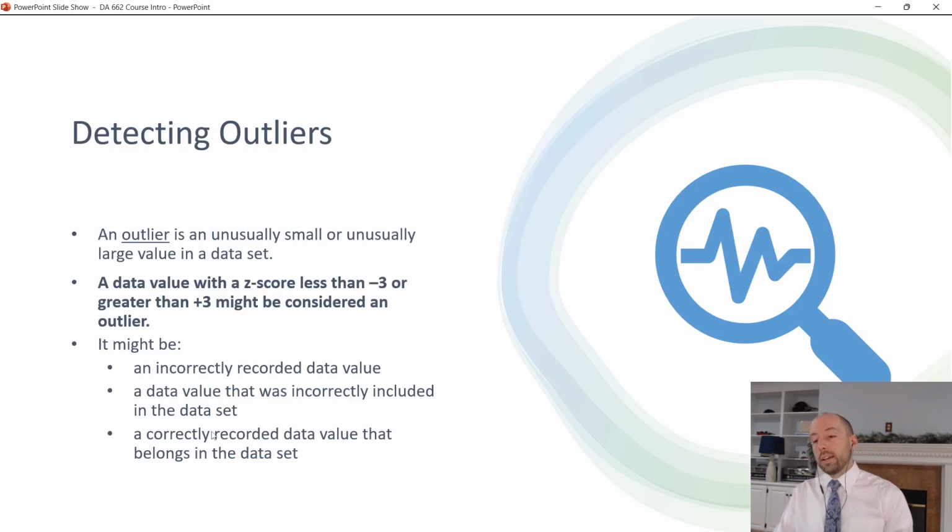Incorrectly recorded data, data that was incorrectly included in the data set when it belonged in a different data set, or sometimes outliers are correctly recorded data that do belong there, and there's a risk associated with throwing them out because they might be very informative. There's a big debate in statistics.